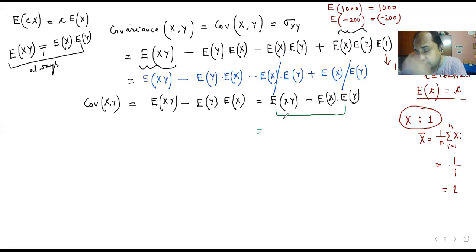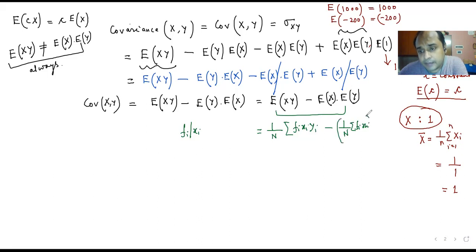If you ask me what is the corresponding summation representation of the formula, I can say that for a frequency distribution fi, xi, the corresponding formula is as follows: summation fi xi yi minus 1 by n summation fi xi multiplied by 1 by n summation fi yi.